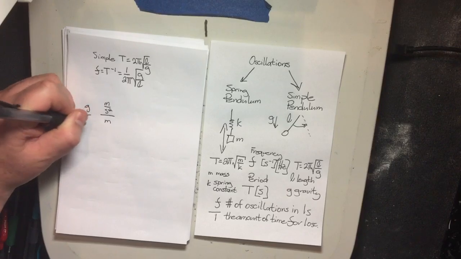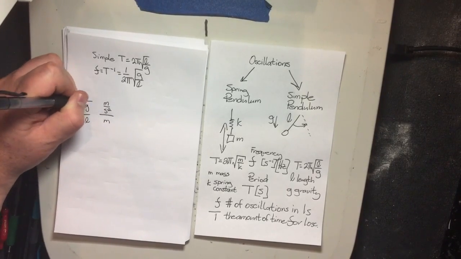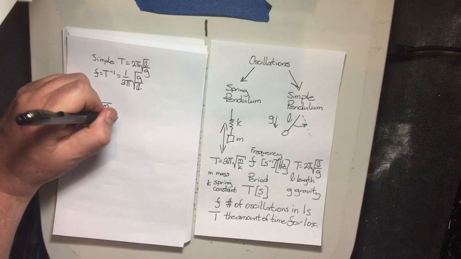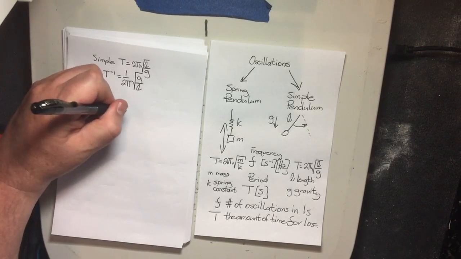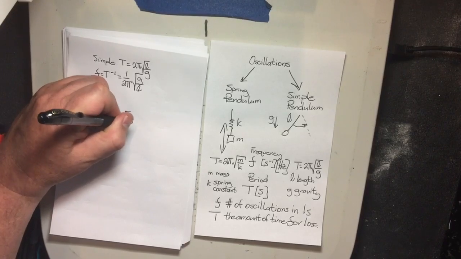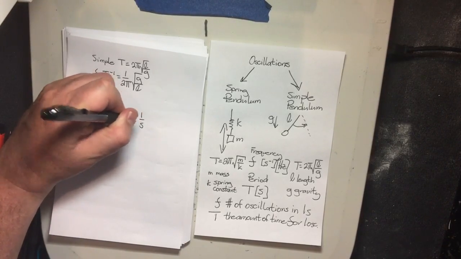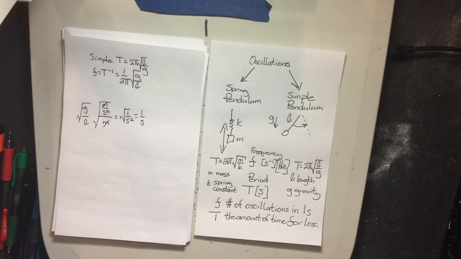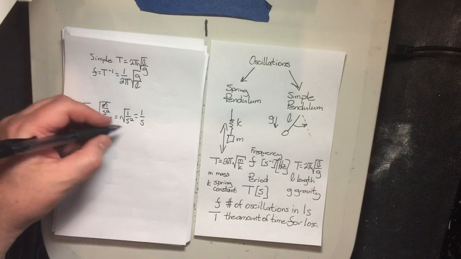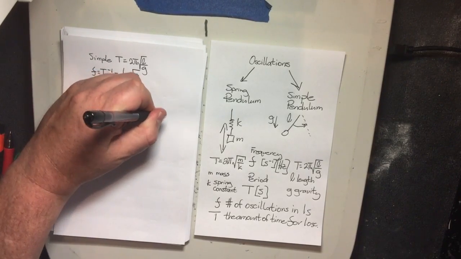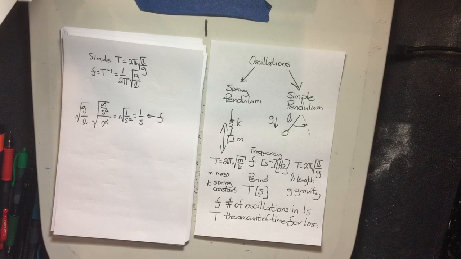The meters cancel, and I'm left with 1 over second squared, square rooted, which is 1 over second. So that isn't the way you would arrange period. You would arrange it the other way. This arrangement deals with frequency because you have inverse seconds. So when in doubt, do a quick unit check.